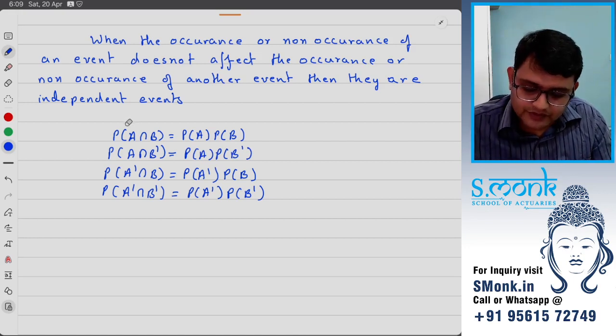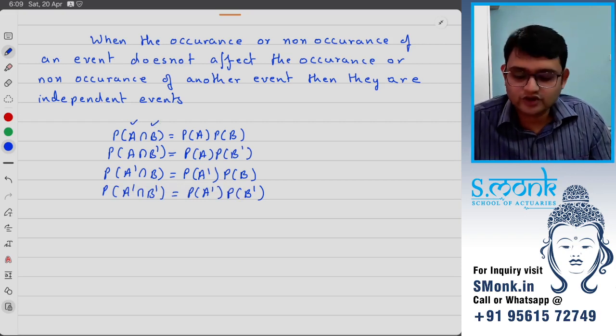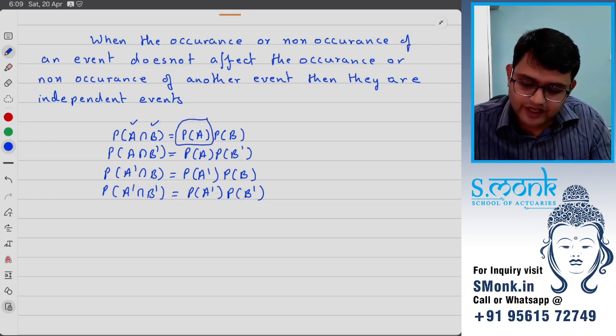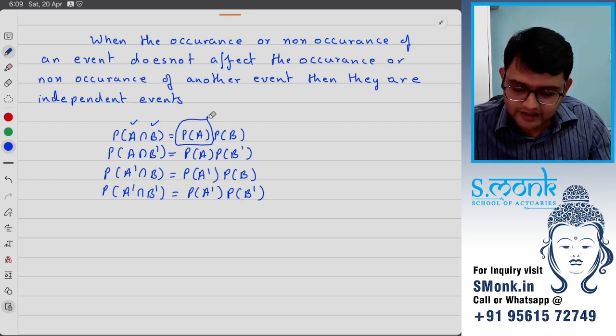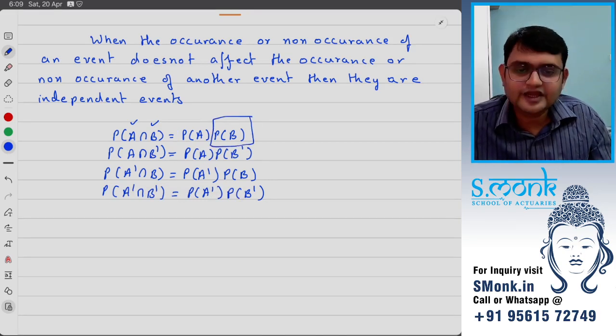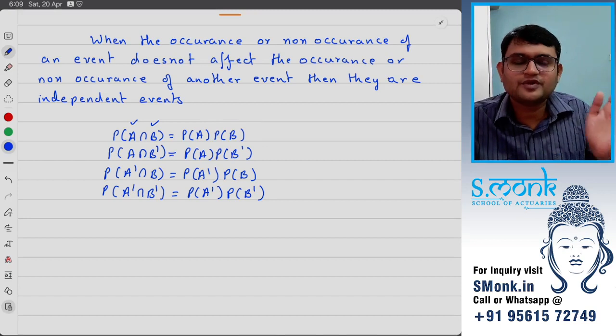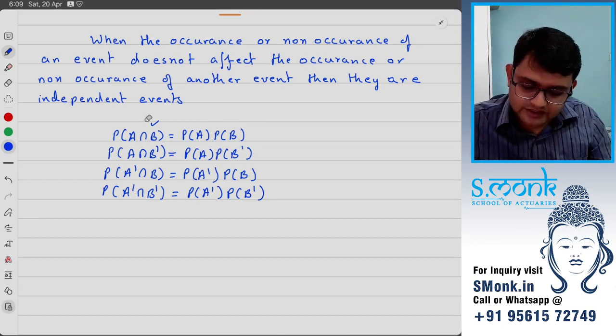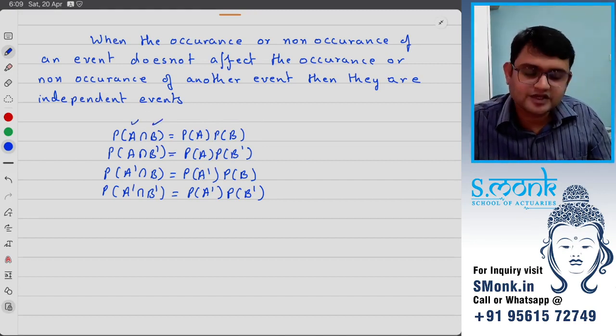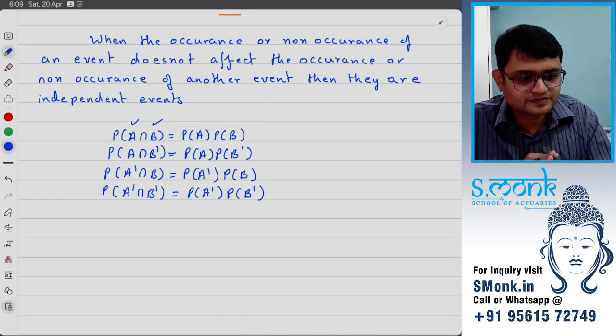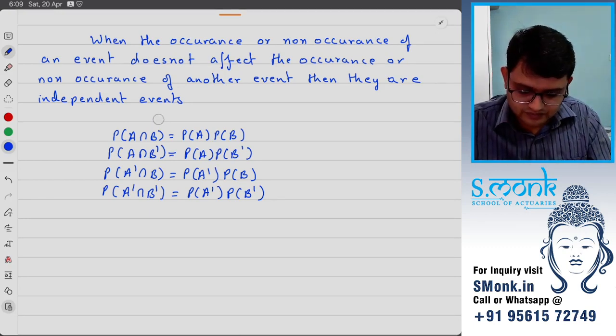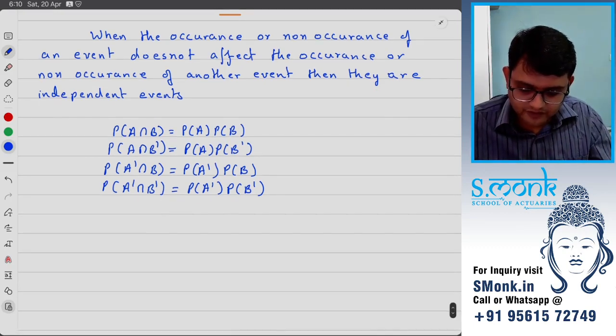Yes. So see, probability of A and B occurring together. What is the probability of that? I will say probability of A occurring independently and probability of B occurring independently. These two events happening together is the same as probability of A and B occurring together. Okay.